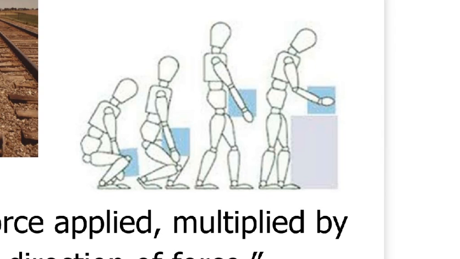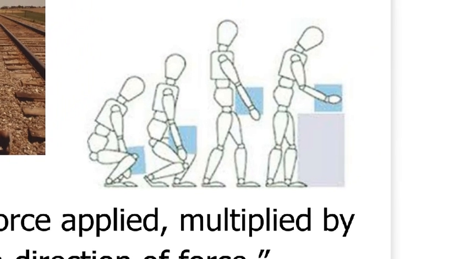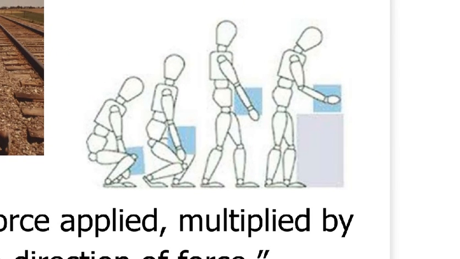Now, it's important to note in the direction of the force, okay? So you don't count sideways motion if you're talking about working against the force of gravity. So the force applied is upwards in this case. It's an upward force, right?